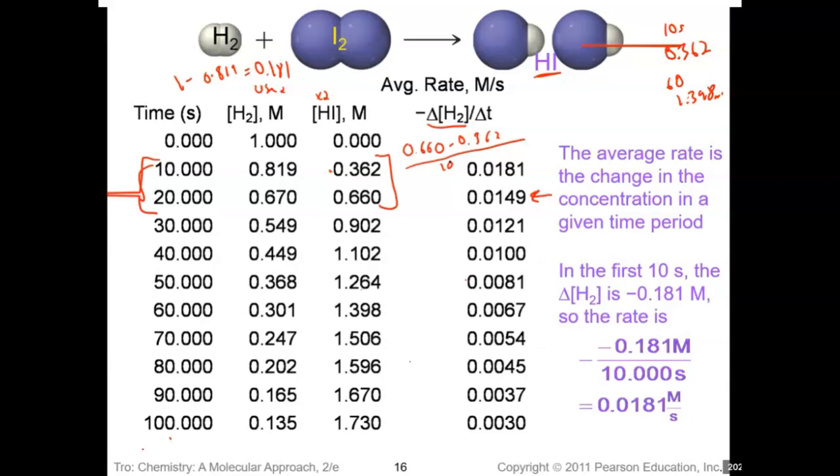But when we do this, I got 0.298. Okay, what did I do wrong?